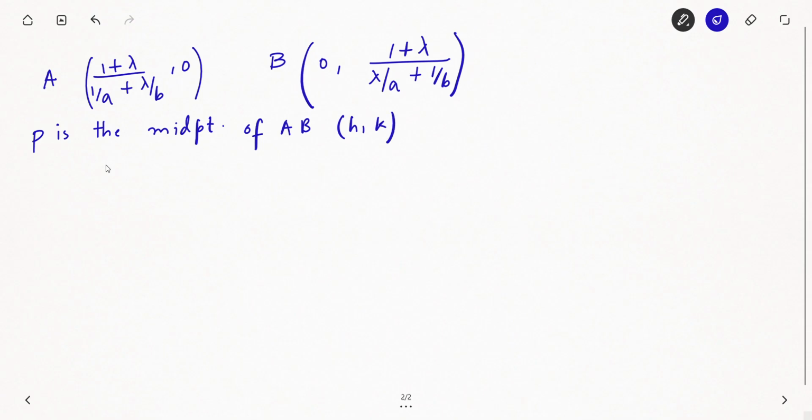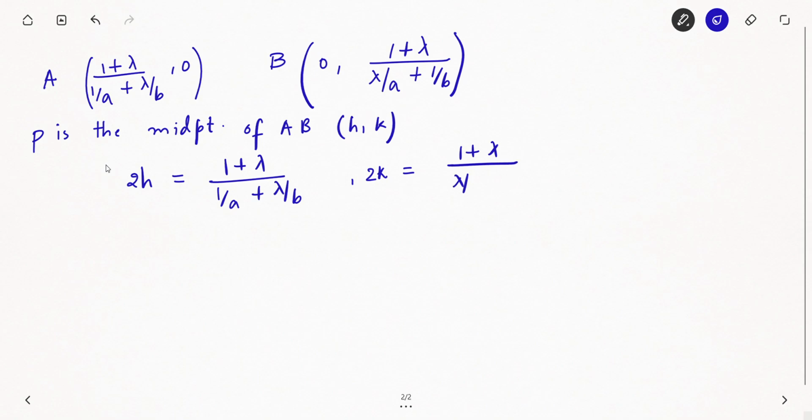So I can write 2h is equal to 1 plus lambda upon 1 upon a plus lambda upon b, and 2k is equal to 1 plus lambda upon a plus 1 upon b.